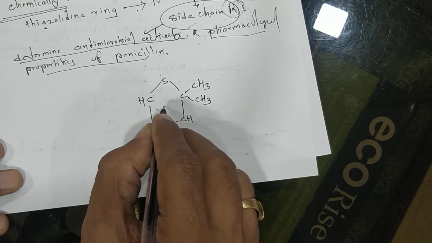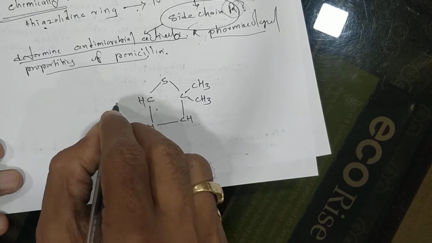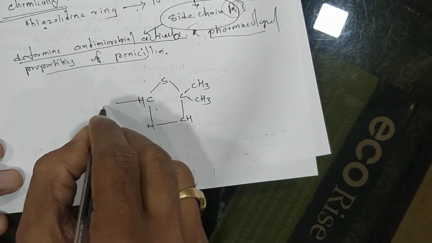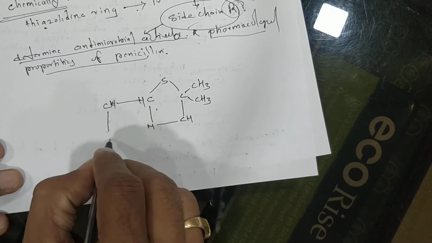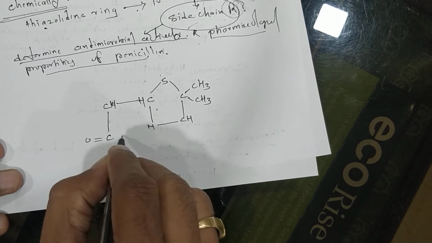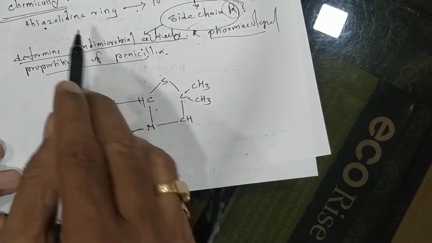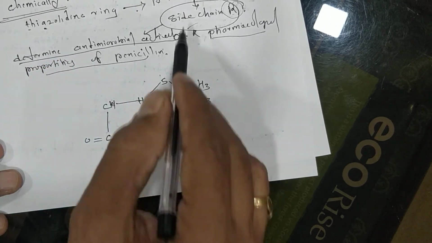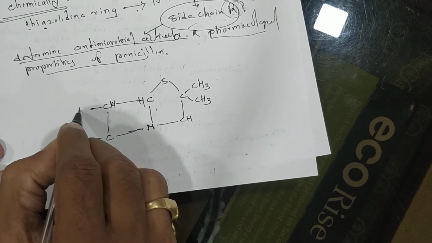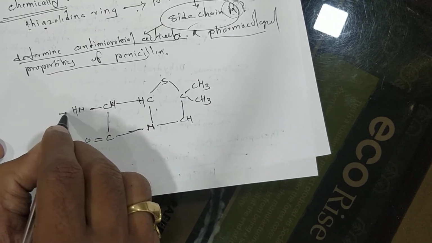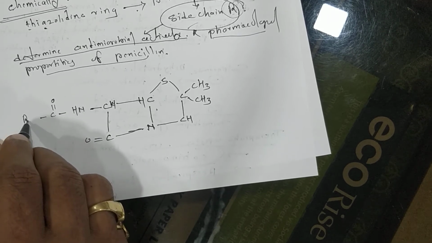The thiazolidine ring is connected with the beta lactam ring, which has N. It is attached to the side chain, and this side chain gives the antimicrobial activity and the pharmacological effect.